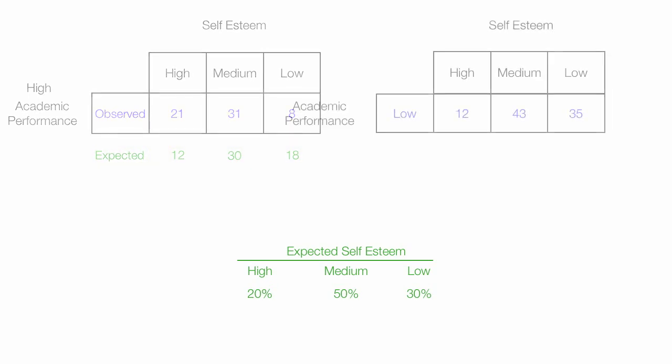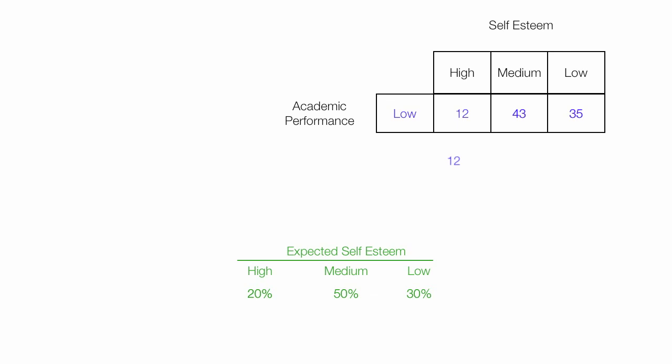I'll do the same thing for low academic performance. I take 12 plus 43 plus 35, which is equal to 90, and that's my sample size for low academic performance. I'm going to change the labeling of my table just a tad, not to confuse you. I'm going to change that low to observed and add in a row called expected. 20% of 90, or 90 times 0.20, is equal to 18, and that's my first expected value for high self-esteem.